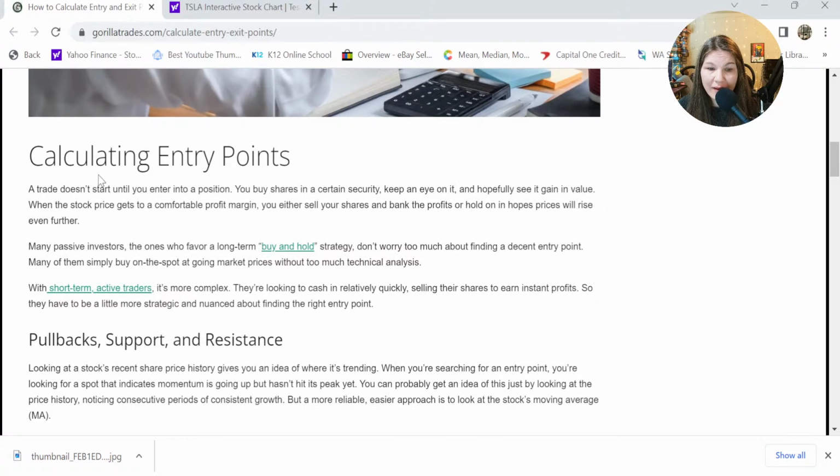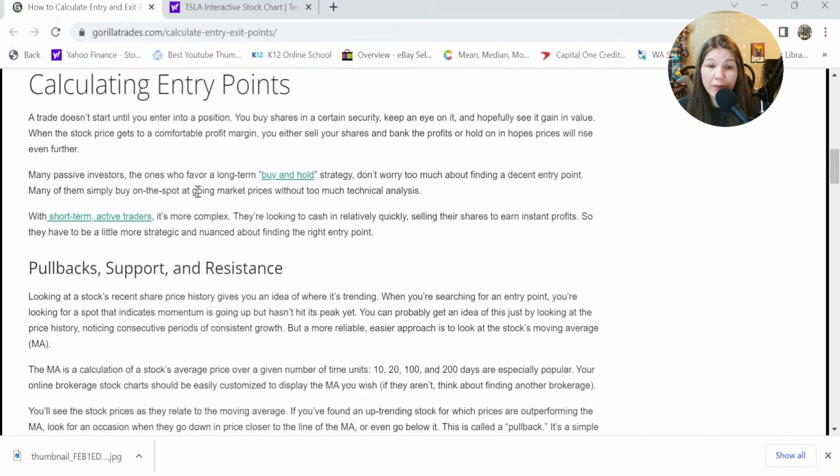Calculating entry points. A trade doesn't start until you enter into a position. You buy shares in a certain security, keep an eye on it, and hopefully see it gain in value. When the stock price gets to a comfortable profit margin, you either sell your shares and bank the profits or hold on in hopes profits will rise even further.